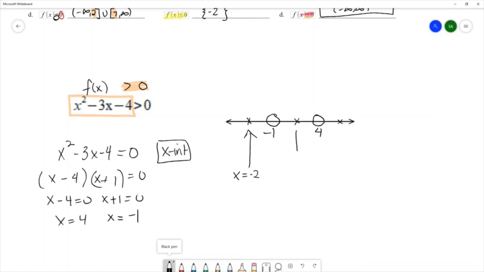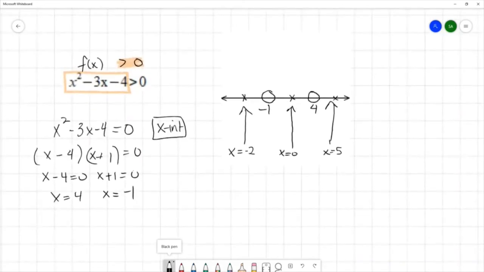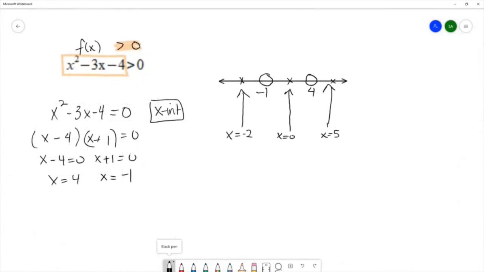I need to choose a test point in this interval, something in between -1 and 4. I'll choose 0. I'll choose a test point in this interval, something greater than 4, like 5. And I'm testing these values in my quadratic. So let me test each one of them. I'm testing an x of -2, 0, and 5, and I'm testing them in my quadratic.